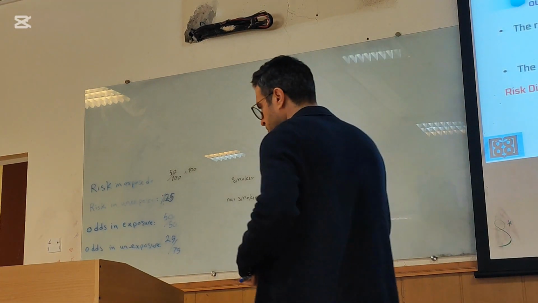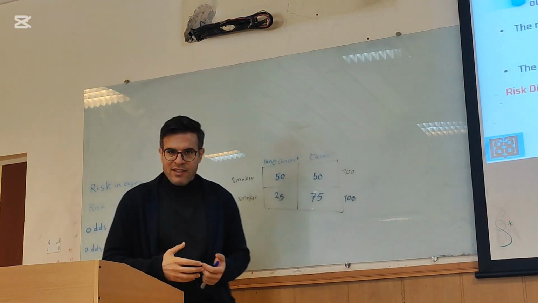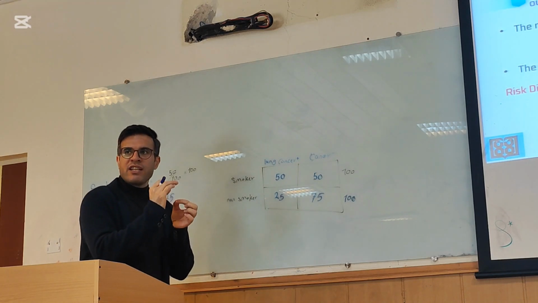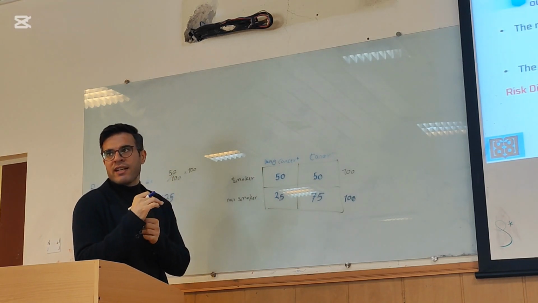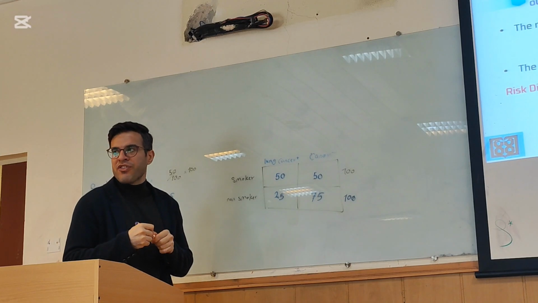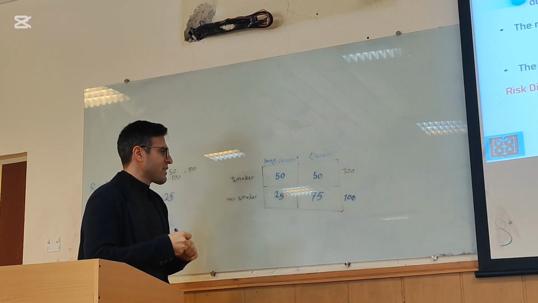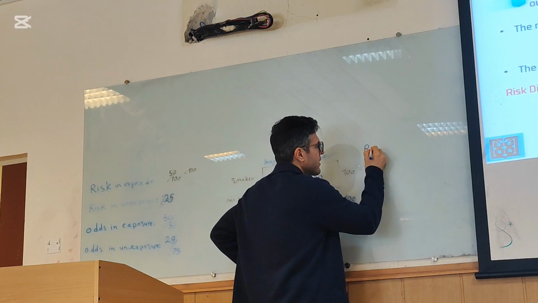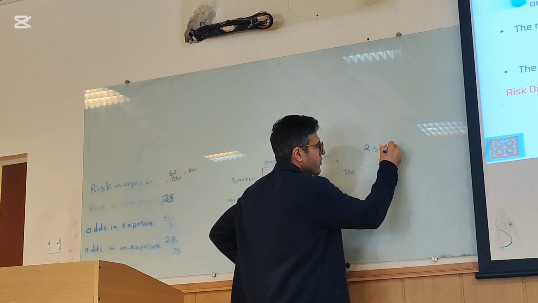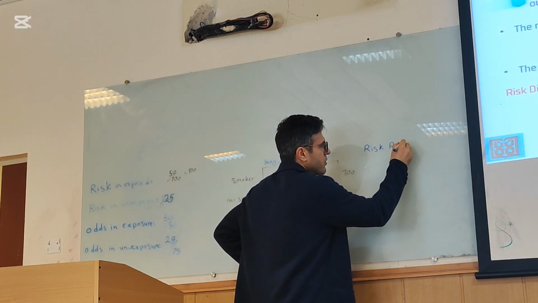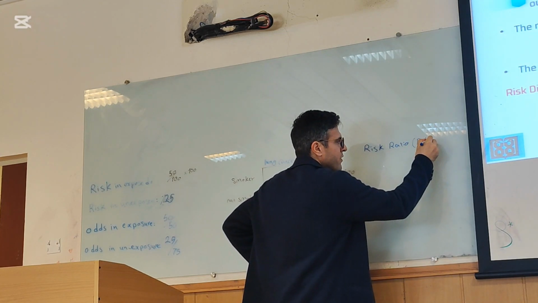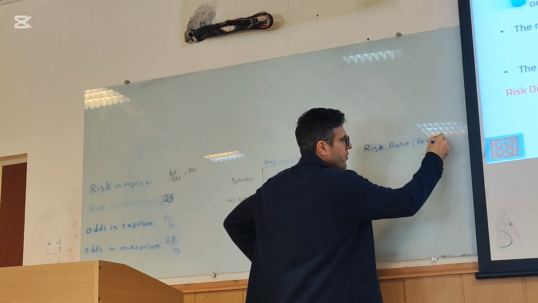One of the most common indices for assessing an association between an exposure and an outcome is risk ratio or relative risk.